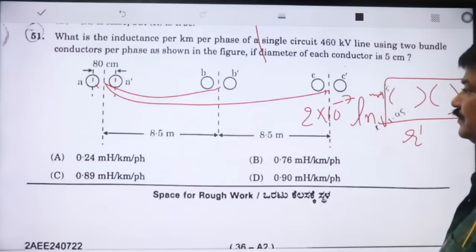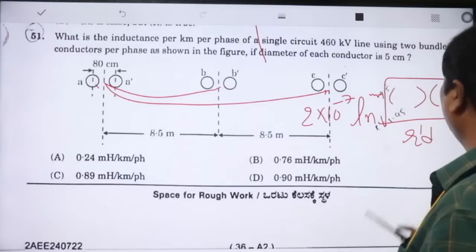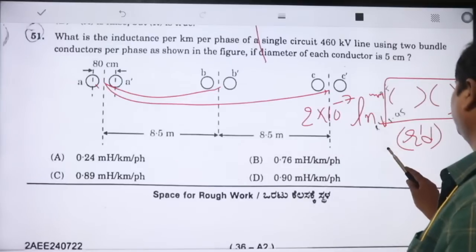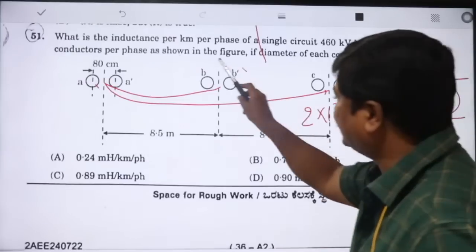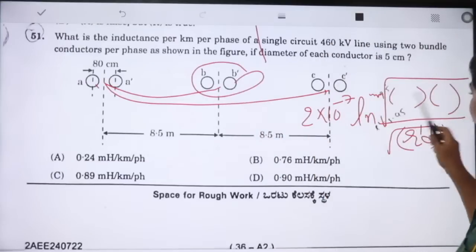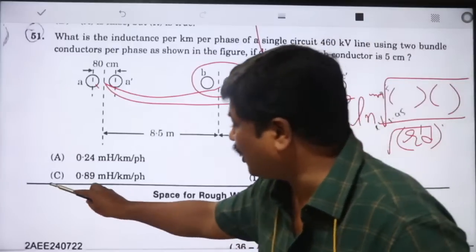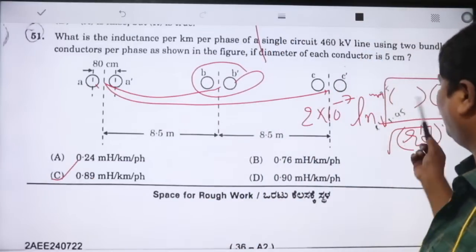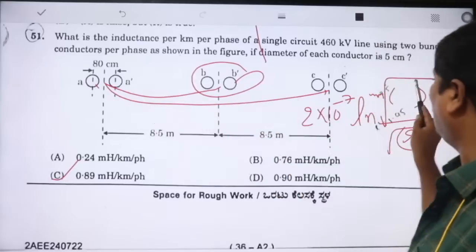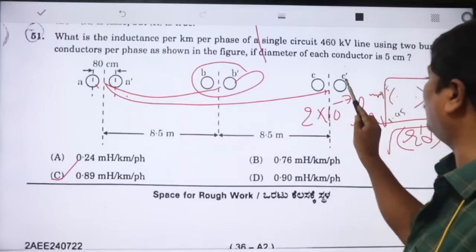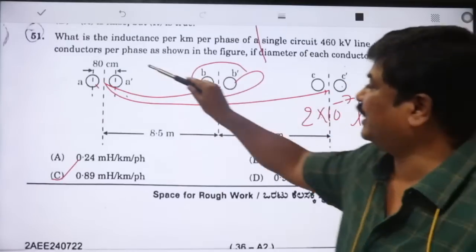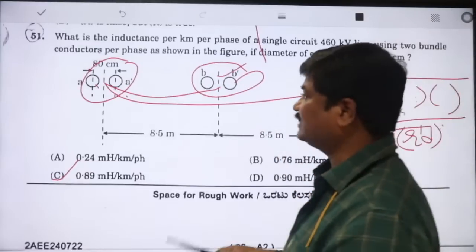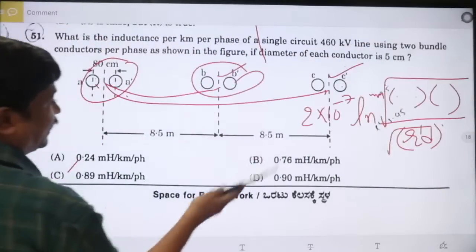We have to use r dash into d, D_SB. We have to take the D_SB whole root for this one, because two sets of conductors are there. If you substitute all these values, I think it is 0.89 millihenries per kilometer per phase. All the values you substitute: from here to here how much distance, from here to here how much distance, all the distances you take. This one is m group, this is n group, m into n you can take. After simplification, we are going to get this one.